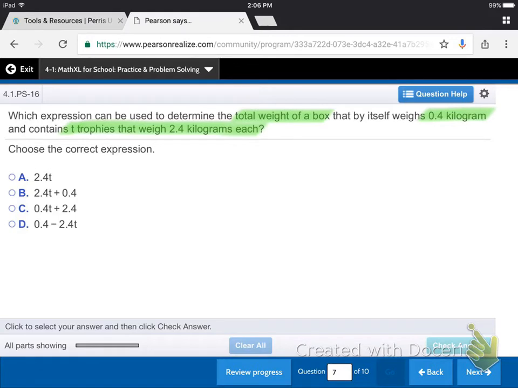That's T. So we need the expression 0.4 plus, because we're going for the total weight, so it's the box plus the trophies, 2.4 times T.